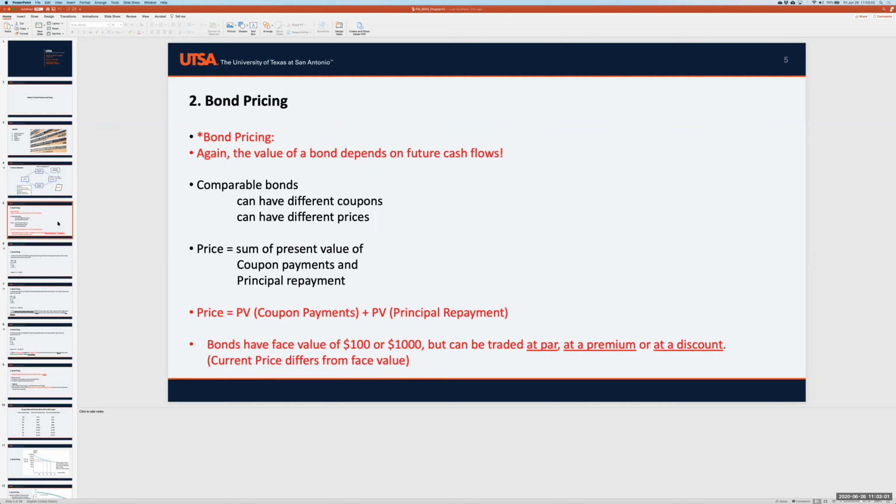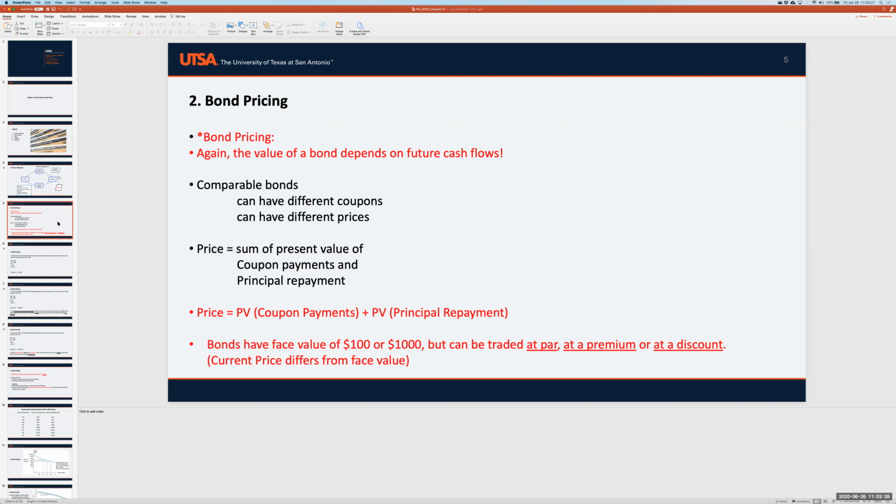So bond pricing: the value of a bond depends on future cash flows, as you already read and already solved many questions regarding stock prices. It's similar to stock prices. We always look at the future cash flows of bonds in order to price the bonds. Comparable bonds can have different coupons and different prices.